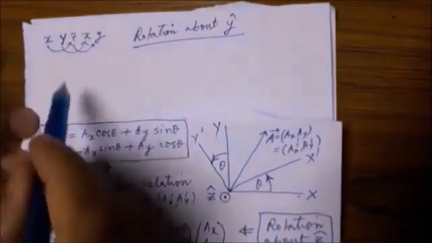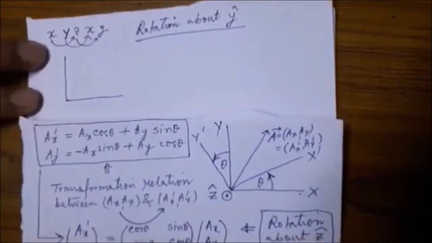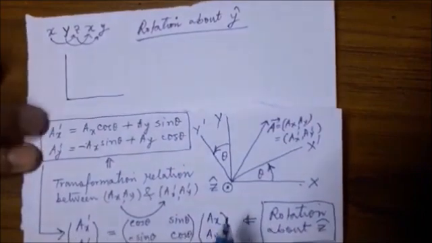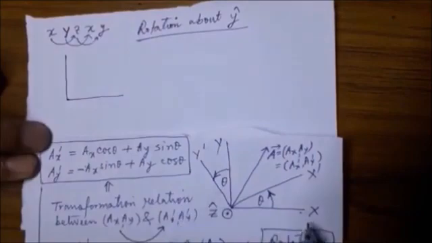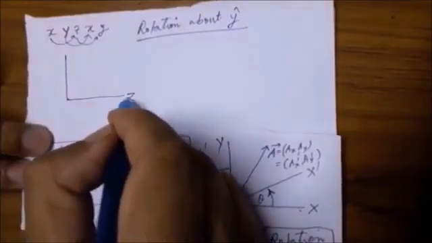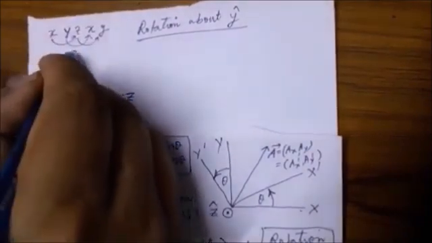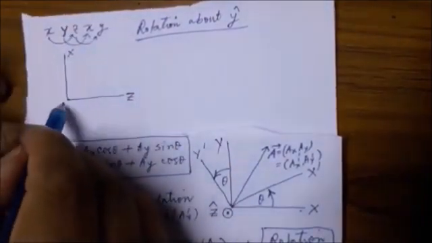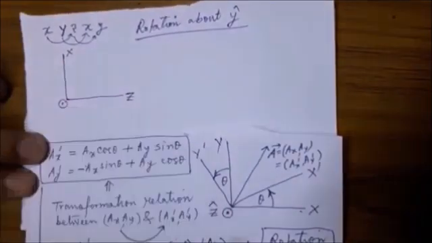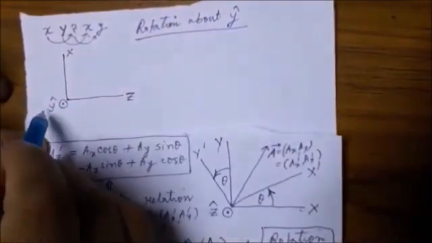So first the diagram. Here we have x-axis and it will be z-axis. Here we have y-axis, so we'll have x-axis here, and the rotation is not with respect to z but with respect to y as given in the question.